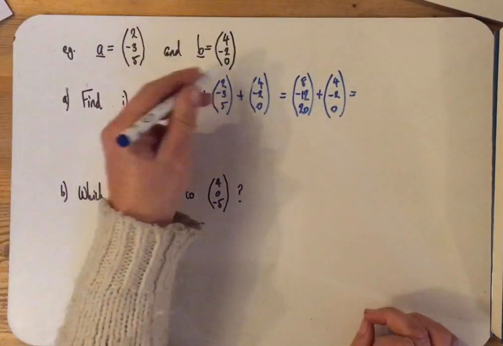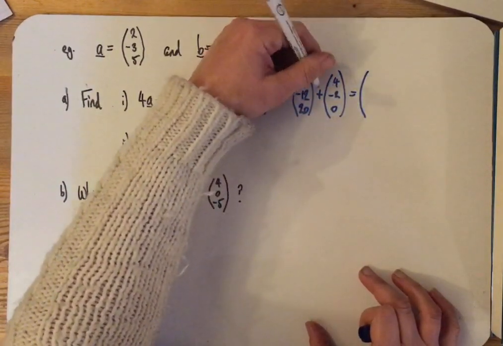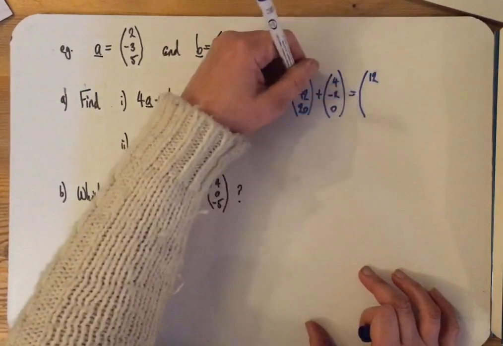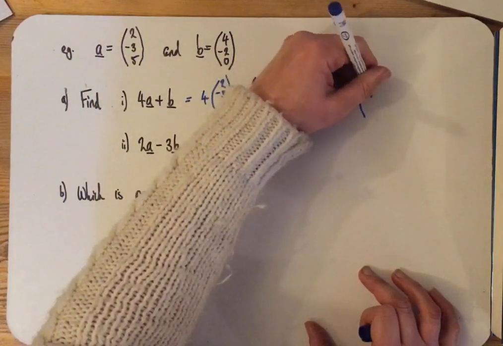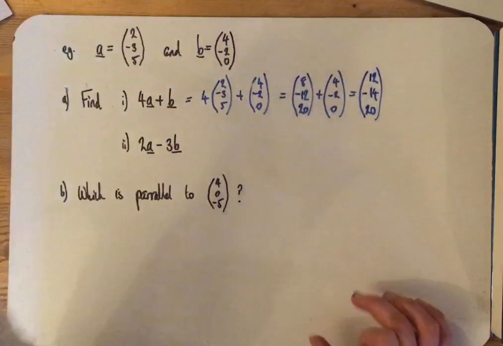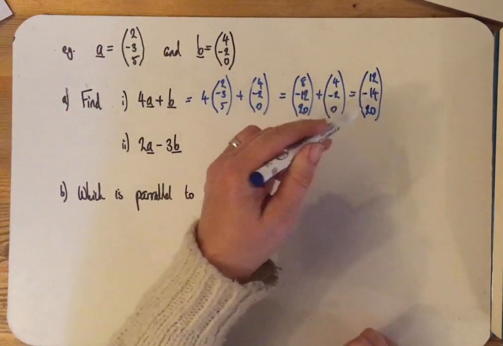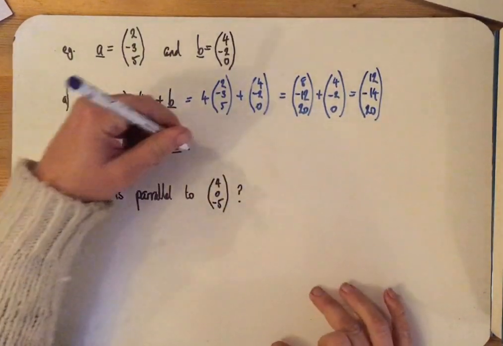I'm just assuming you're kind of okay with this, really, because you did it last year. So 8 plus 4 is 12. Minus 12 minus 2 is minus 14. 20 plus 0 is 20. And then you could write that as 12i minus 14j plus 20k.